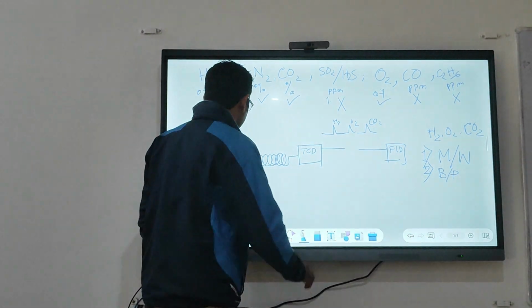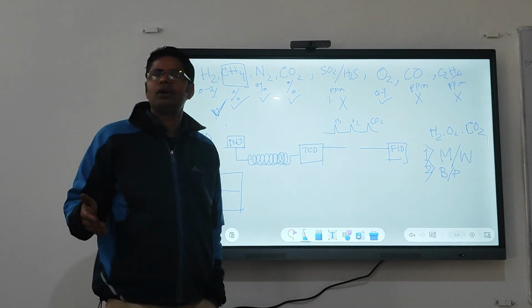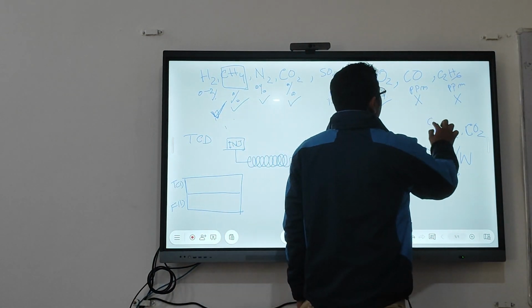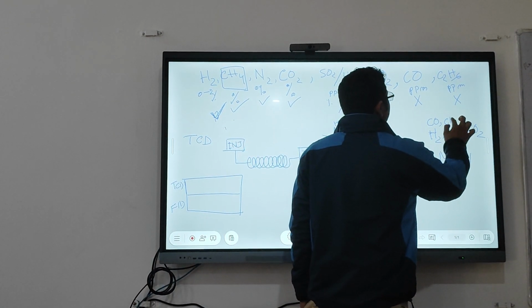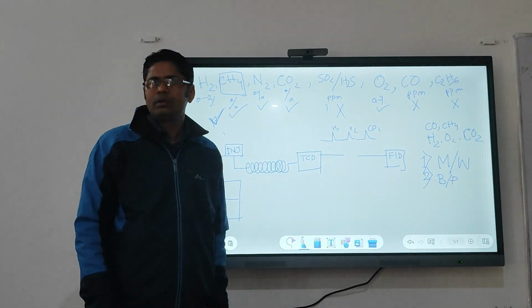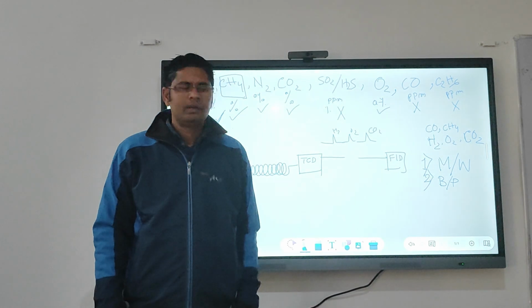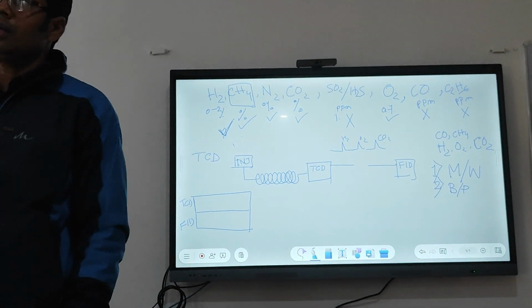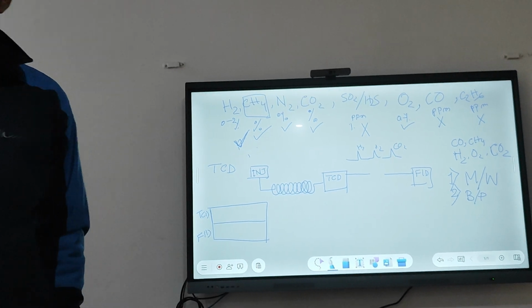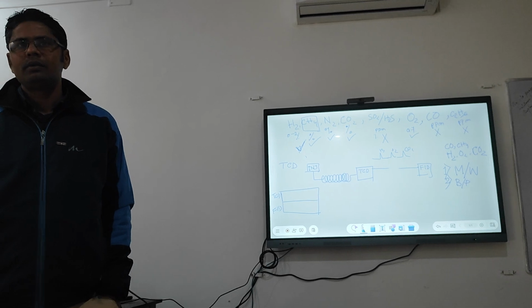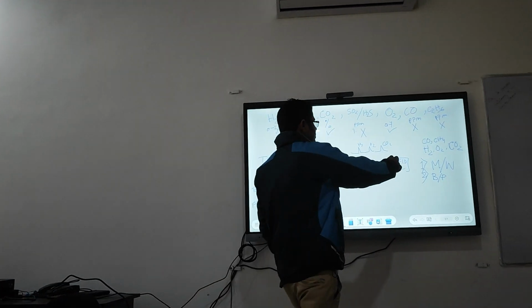Now there are different columns available. I am mixing CO and CH4 also. So now 5 components. Can anyone tell me the elution order? First CH4, then CO. So I am adding these two components with these 3 components.